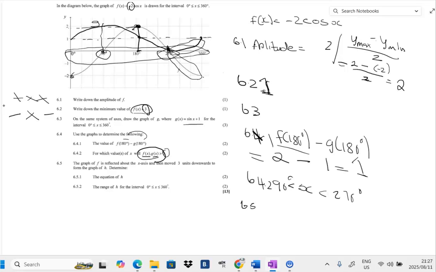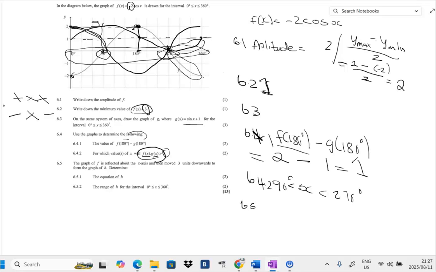If you reflect the graph of f of x about the x-axis, the graph is no longer going to be negative, it is going to be positive. This is how the graph is going to look if you reflect it about the x-axis. It is the mirror image of the graph.